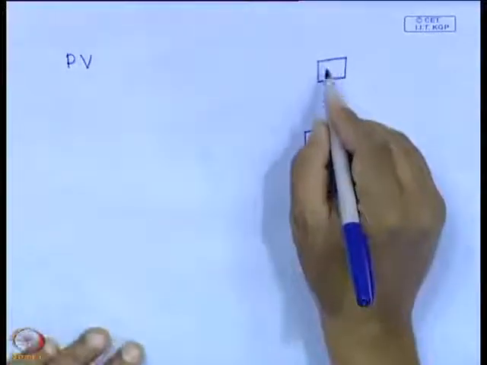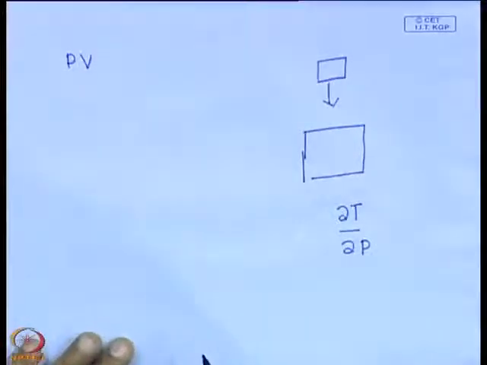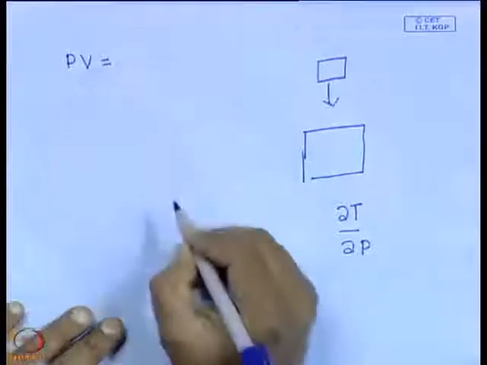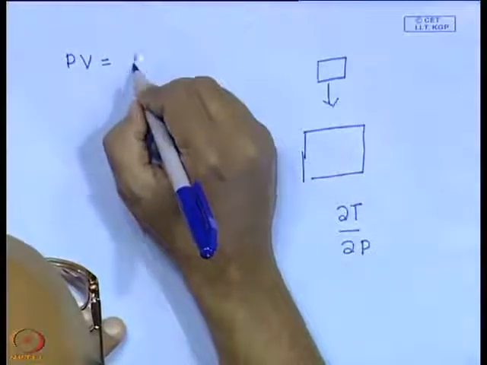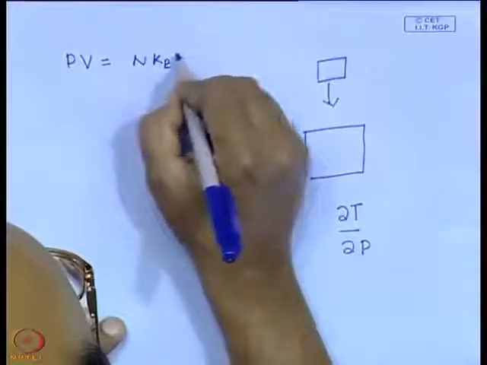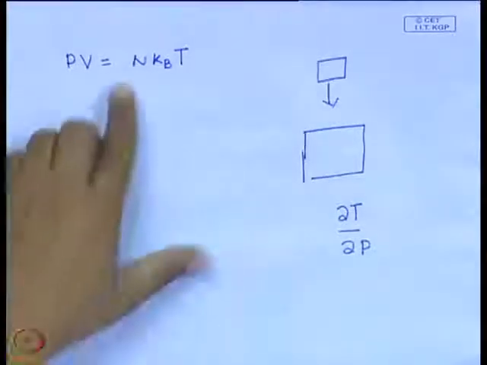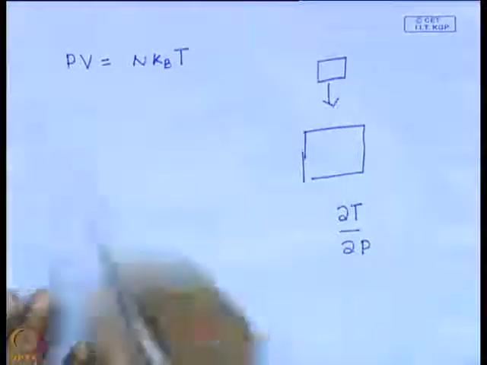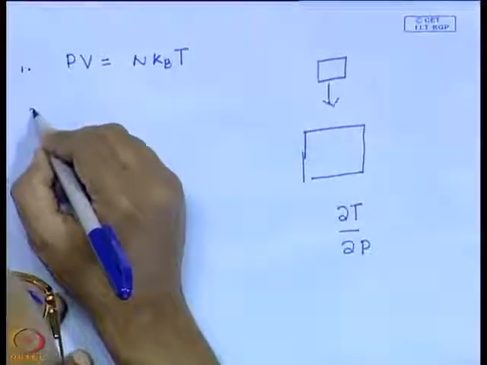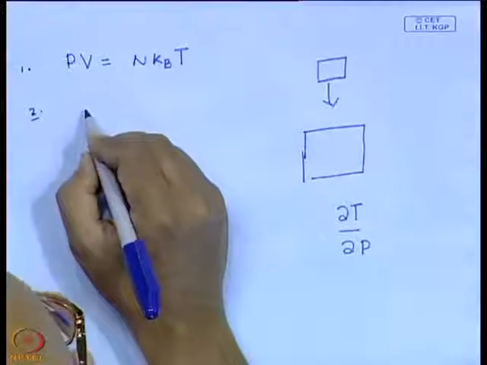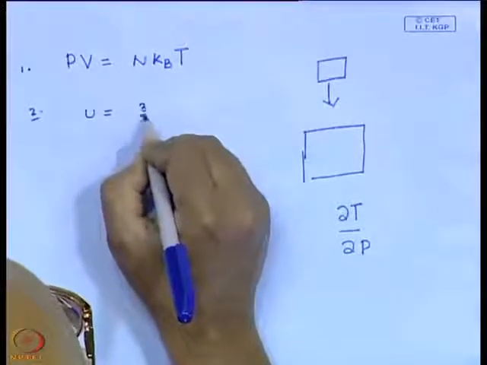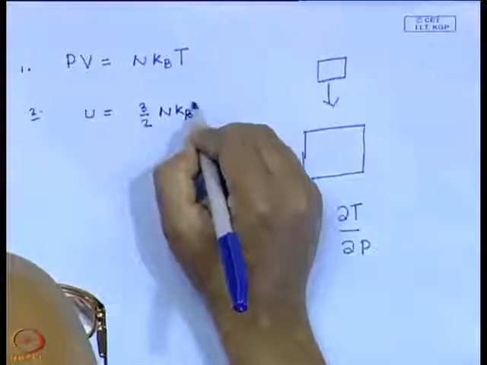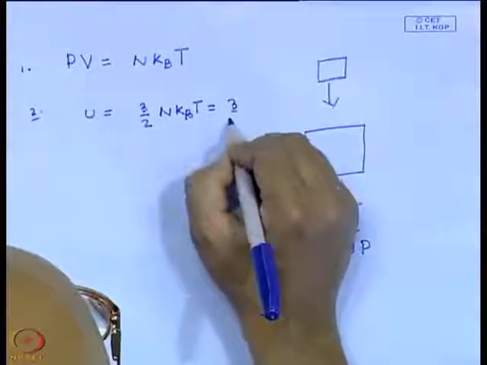The gas satisfies an equation of state that PV is equal to N k_B T. N is the number of particles, k_B is the Boltzmann constant, T is the temperature. And we also know that the internal energy of the gas U is 3/2 N k_B T, which we can also write as 3/2 PV.